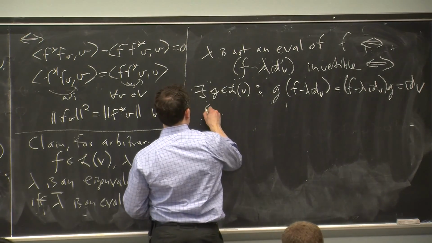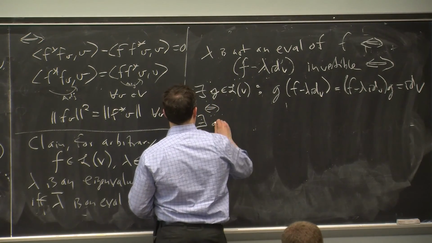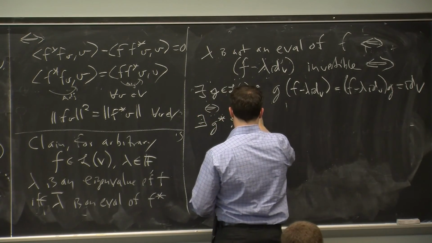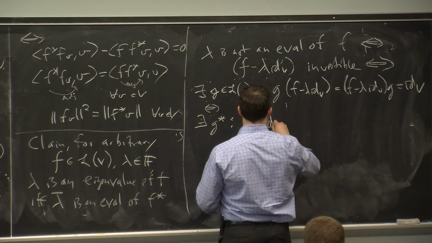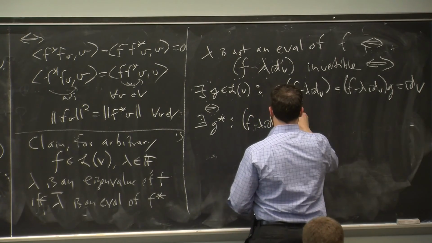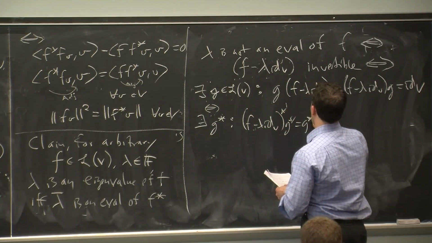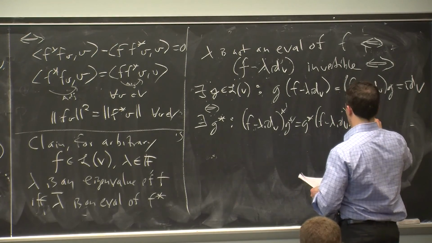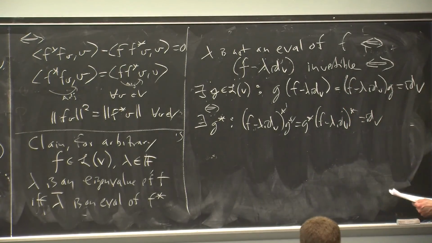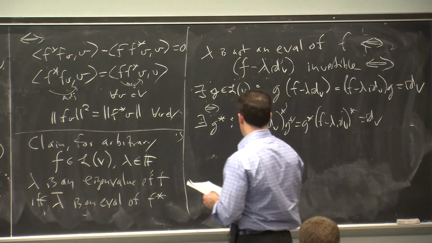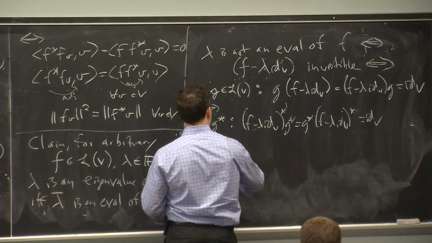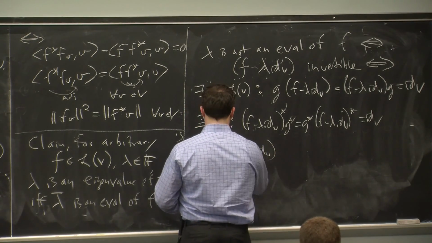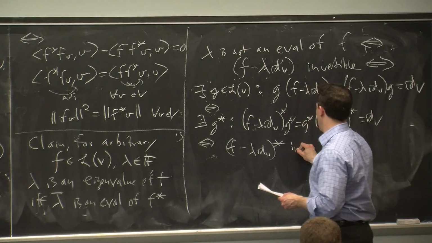And that's true if and only if there exists an adjoint g star such that (f minus lambda I_V) star g star equals g star (f minus lambda I_V) star equals I_V. And that's true if and only if this (f minus lambda I_V) star is invertible.